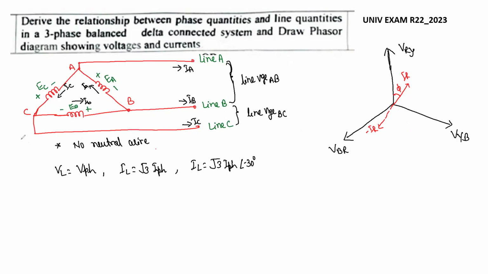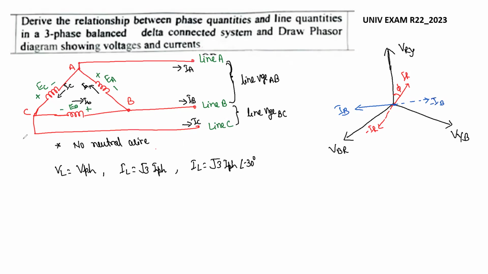Now we take blue. All of IR, IB, IY will be separated by 120 degrees. So here we have IB, and on the back side, a dotted line along the same line, this value is minus IB.